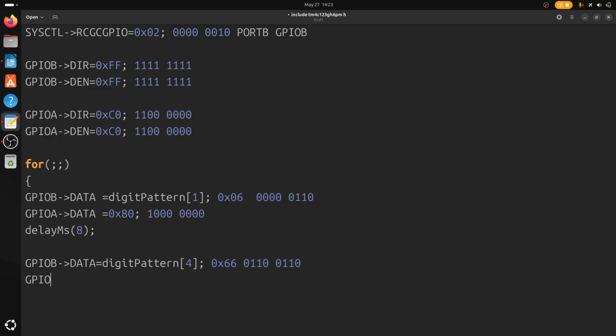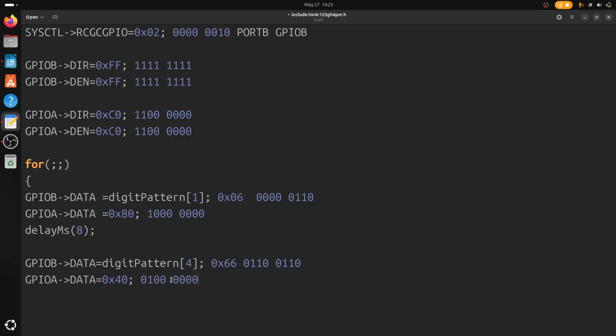Then GPIO data 0x4. 4 means, and 0 means, in hexadecimal.